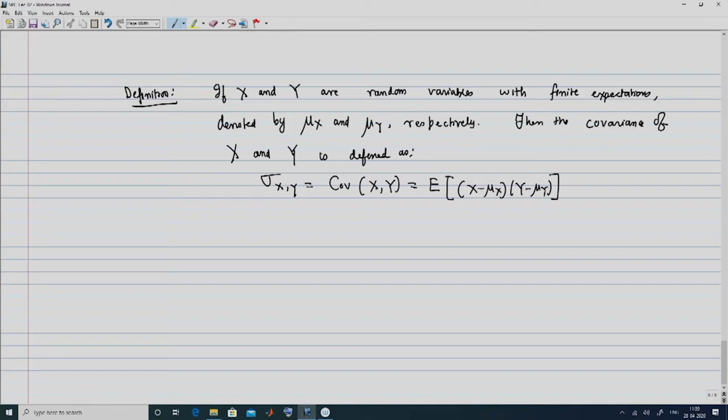That is the expectation of the random variable x minus mu x and y minus mu y, where mu x and mu y are both finite expectations. So, let us quickly have a look at the properties of covariance.